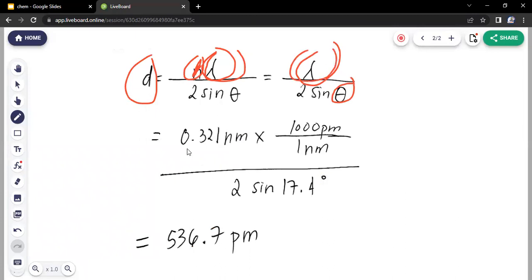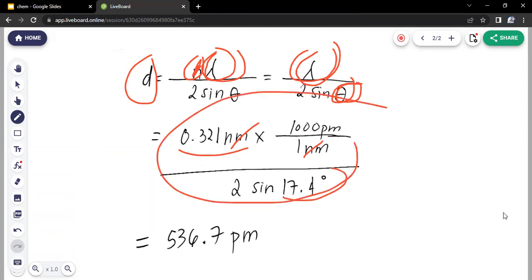The wavelength that strikes is 0.321 nanometer multiplied by the conversion factor of 1 nanometer equivalent to 1,000 picometers, cancel nanometer, then over 2 sine of the reflected angle, which is 17.4 degrees from the problem. Perform the operation, you will have 536.7 picometers.